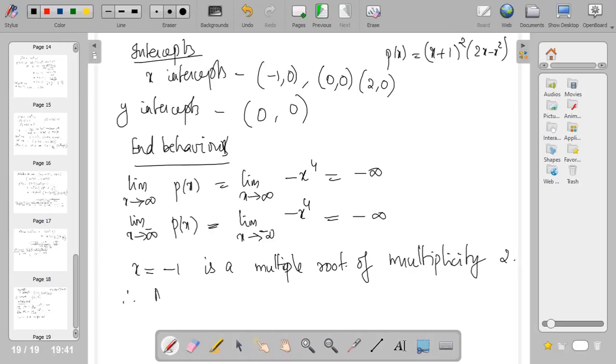So therefore x-axis is a tangent of the curve at x equal to -1. So since the multiplicity is 2, the curve does not cross the axis, it is a point where the curve touches and goes. So let us now draw the graph.